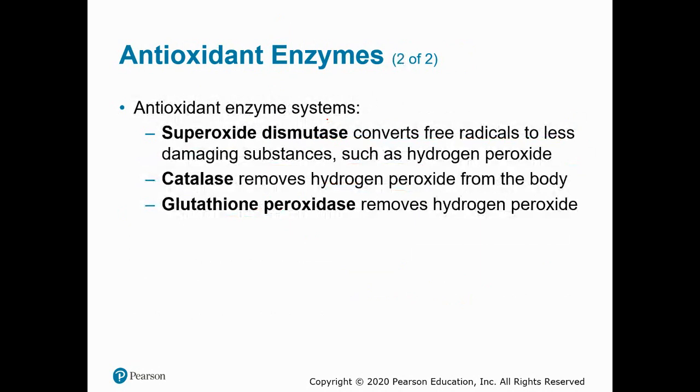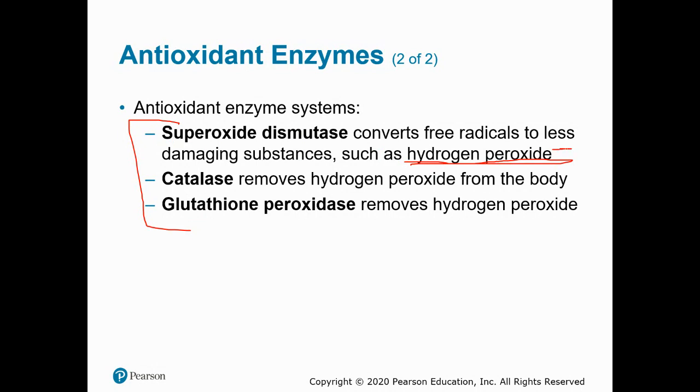Oh, boy, those look similar. So these are the 3 antioxidant enzyme systems that we'll introduce in this course. And I know these are kind of big, funky names. So superoxide dismutase is one antioxidant system. In particular, superoxide dismutase does a lot of work on neutralizing hydrogen peroxide.